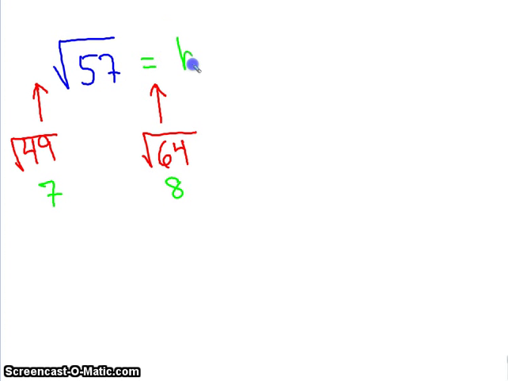So this happens between 7 and 8. So we're using that concept of perfect squares to determine what this would be between. Later on in math, we're going to try and guess about what the decimal might be. That just kind of teaches you how to estimate and that sort of thing. But right now, we're not going to necessarily worry about that.